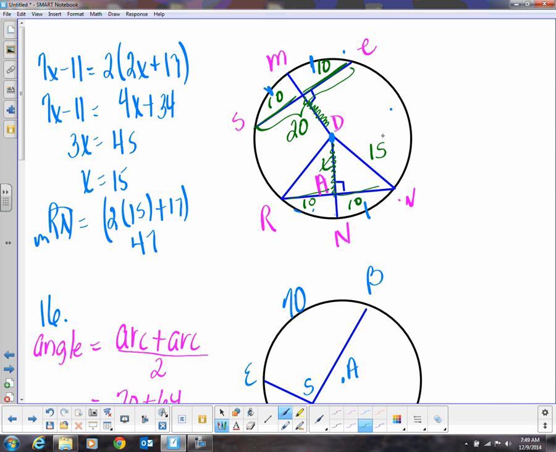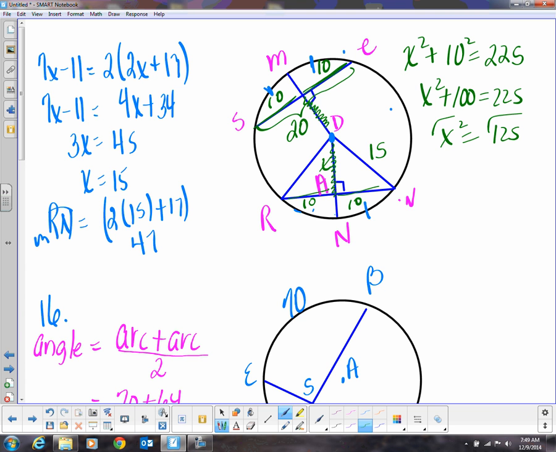So what do you have to do in order to find this? X squared plus 10 squared equals 15 squared, which is 225. 10 squared is 100. So X squared is equal to 125. We're going to square root. And what happens when we square root? 2 answers. The square root of 125 should be 11 point something. 11.18.